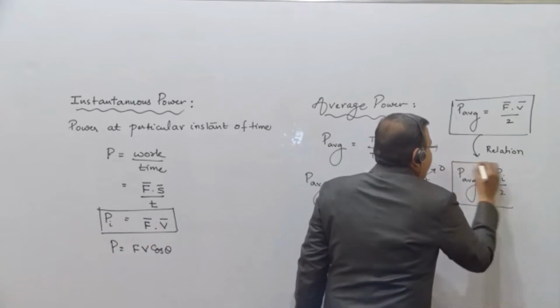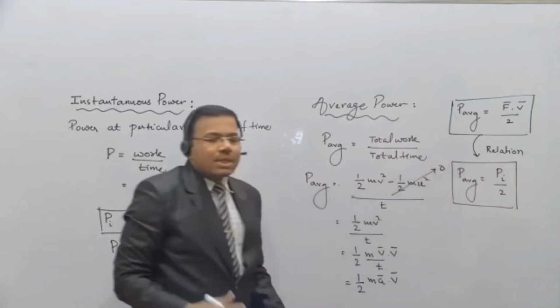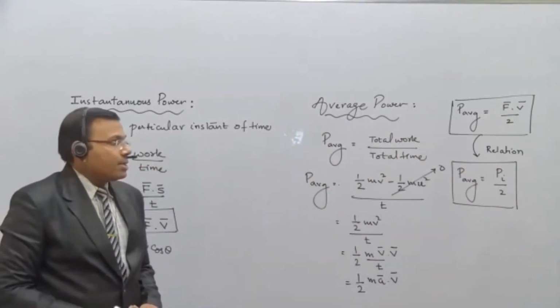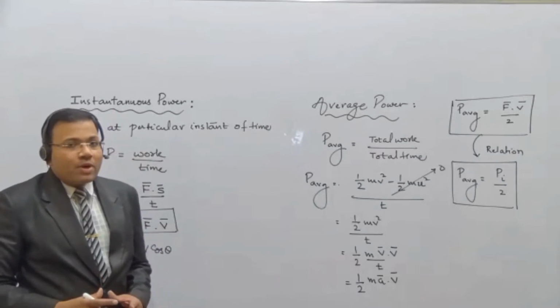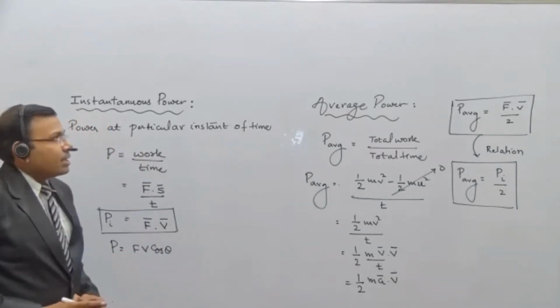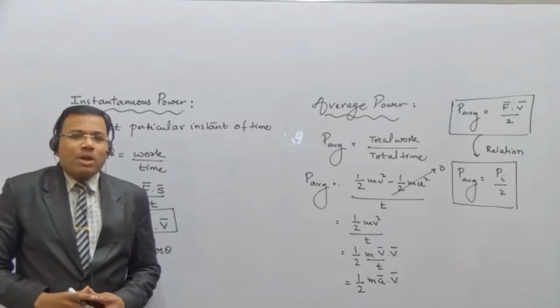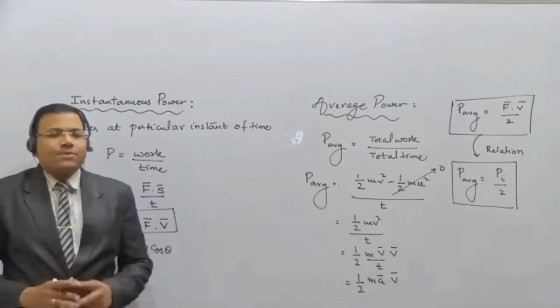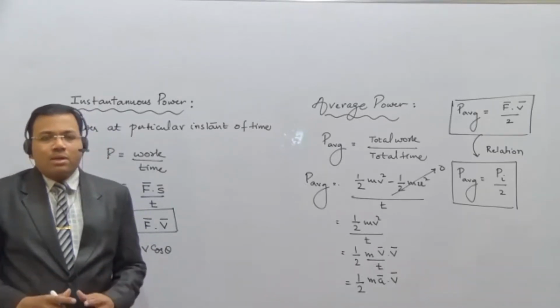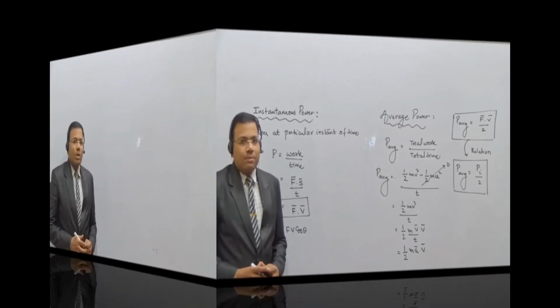That means average power is always half of the instantaneous power. I hope you have understood what instantaneous power is, what average power is, and the relationship between them.